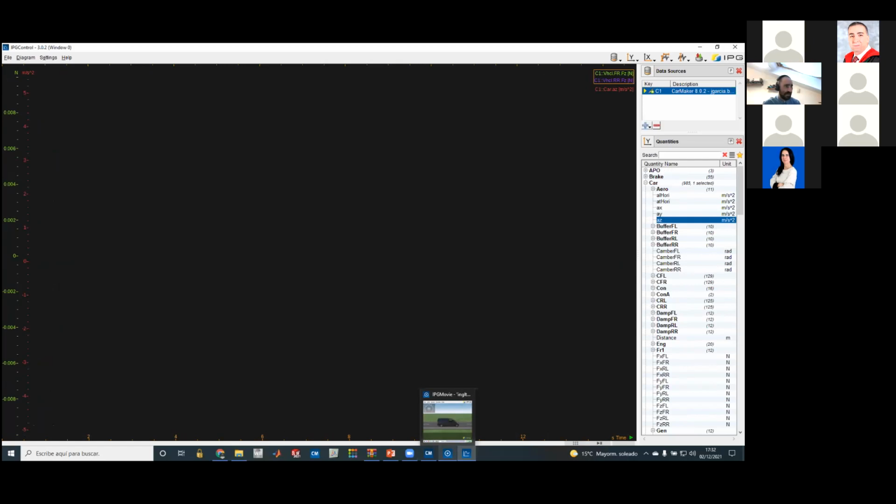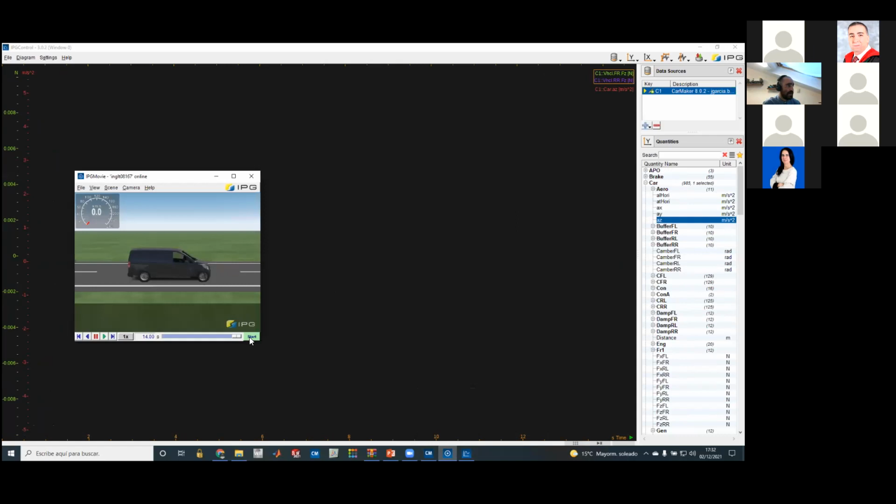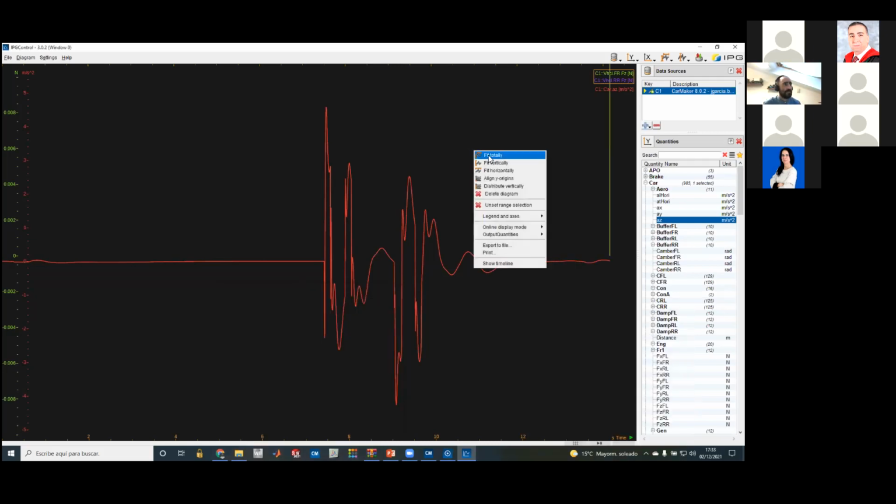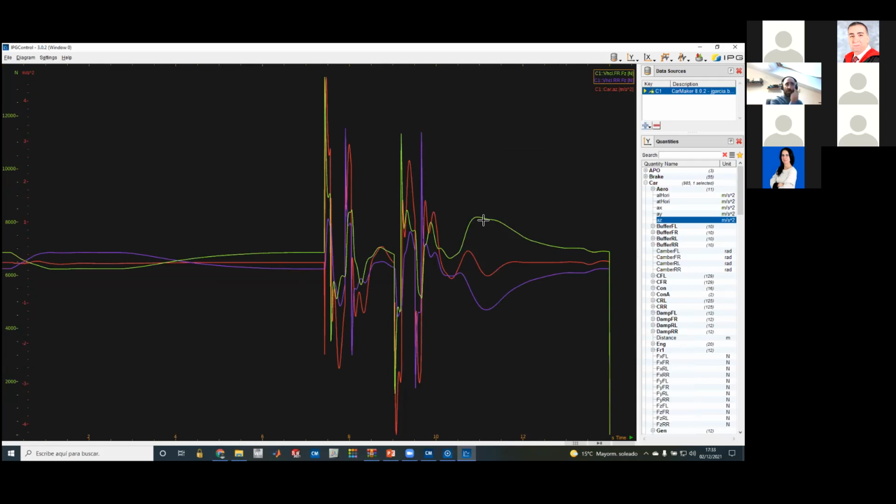If I run my simulation again, I can see how the vehicle is going through the bump, and how the vertical forces are acting on the center of gravity of my vehicle.